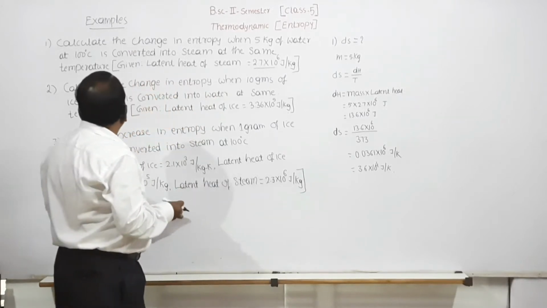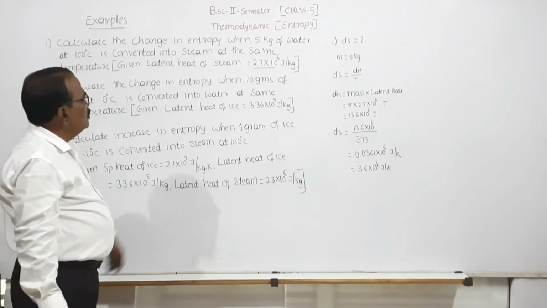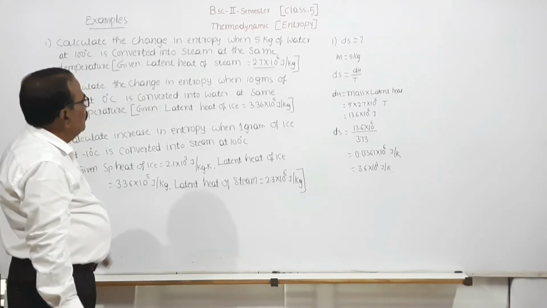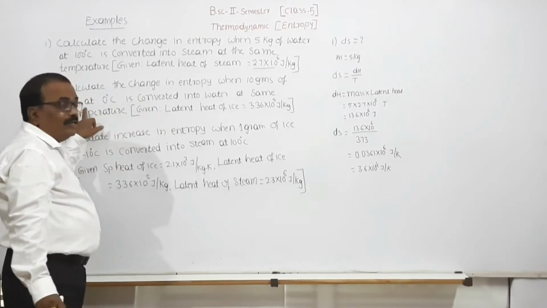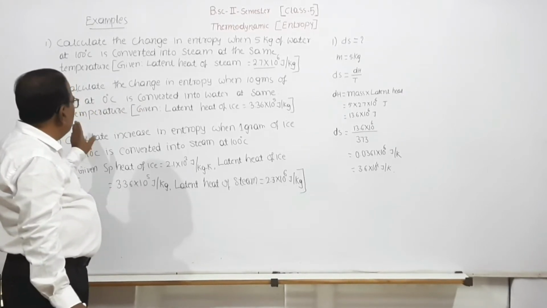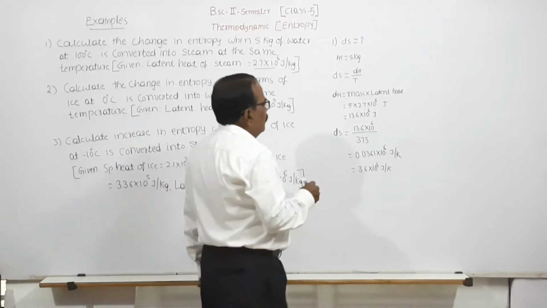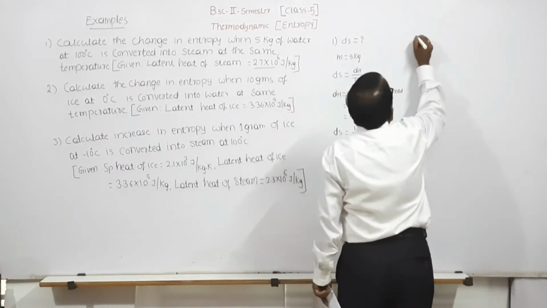Then see the second one. Calculate the change in entropy when 10 grams of ice at 0 degree centigrade is converted into water at same temperature. Now similarly, this is the second one.